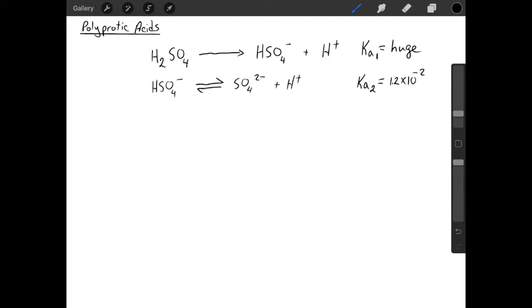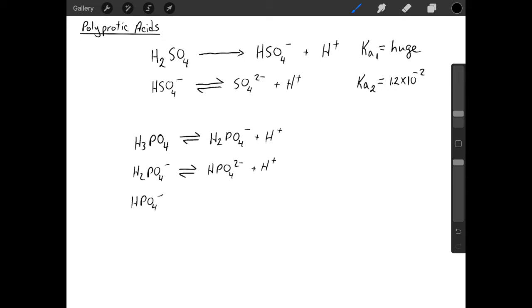And we can consider another fairly common example, phosphoric acid. And so just like sulfuric acid, the first Ka, the Ka for the dissociation of that first acidic hydrogen, is relatively large, 7.5 times 10 to the minus 3.